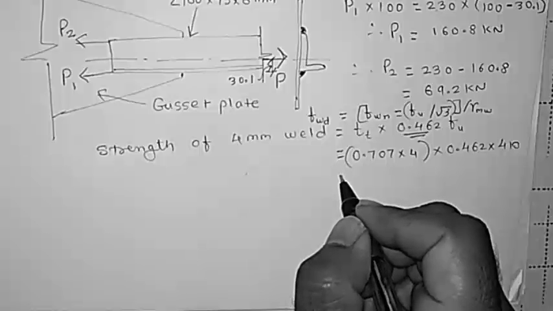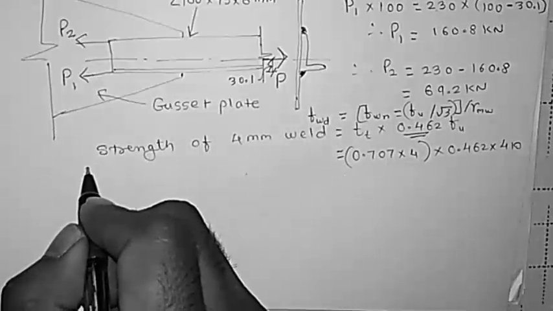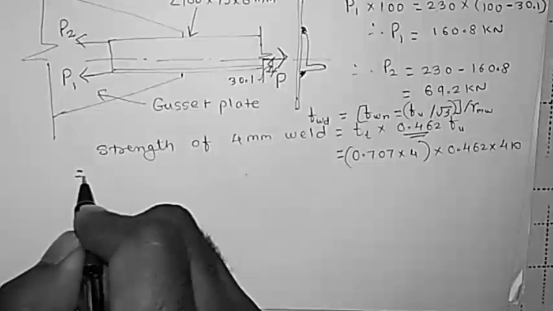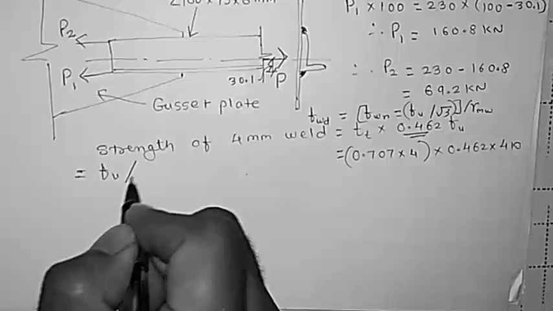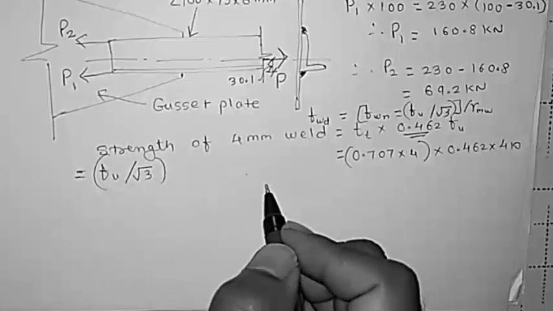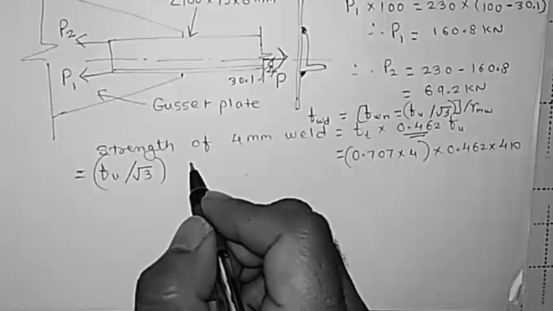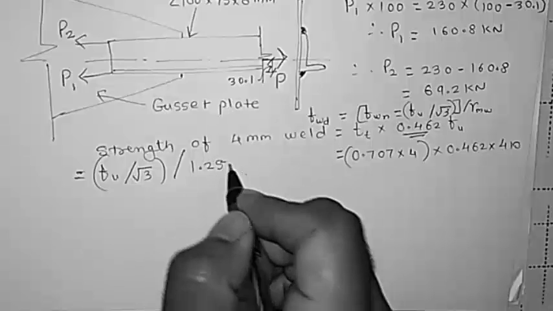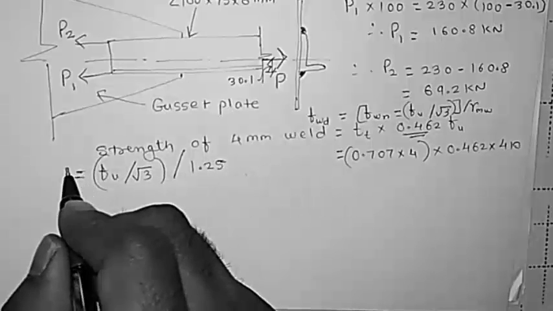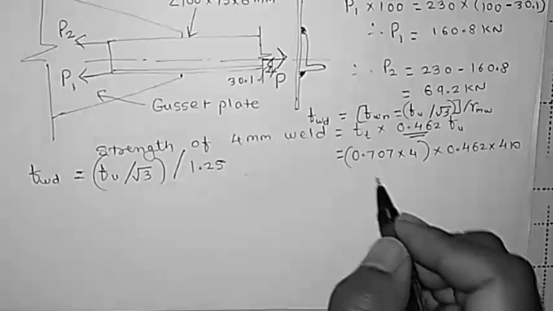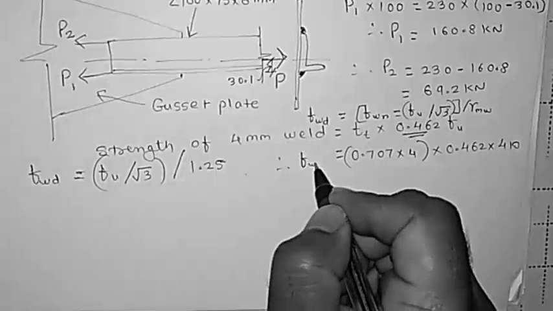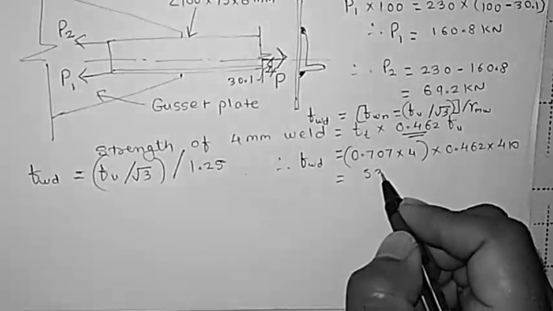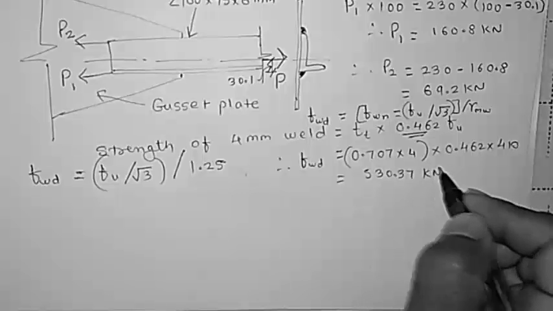So finally you will get, or I can just simply write down here, FU by root 3 and this is divided by 1.25. So that is your FWD. So therefore here FWD, if you calculate, you will get it around 530.37 kilonewton per mm.